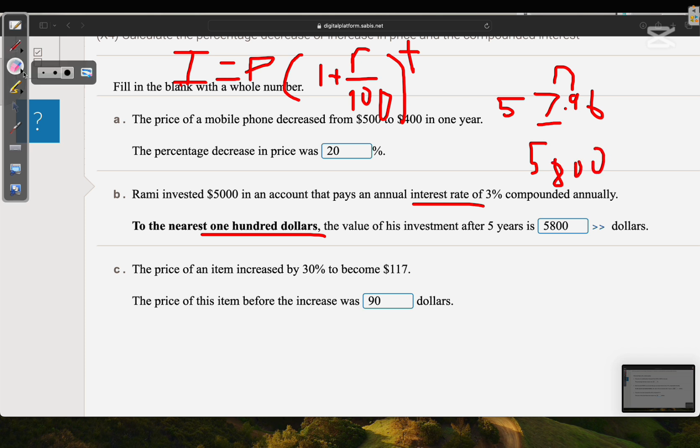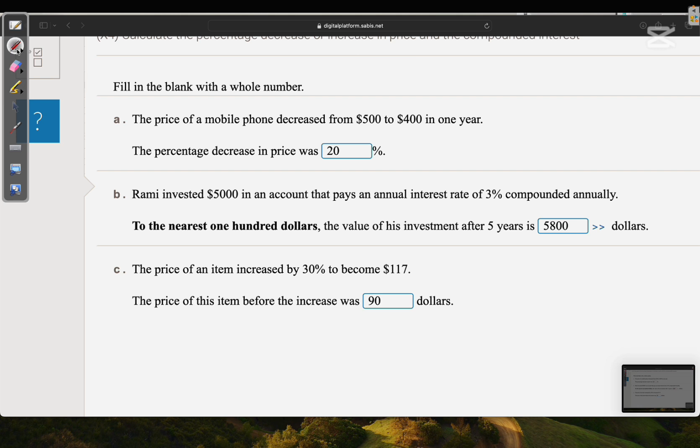Okay. So finally for part C, the price of an item increased by 30% to become $117. The price of this item before this increase was, okay, so let's define the rule of increasing in price. So X is the price of the product originally, X plus how much it increased, Ix, is equal to the total.